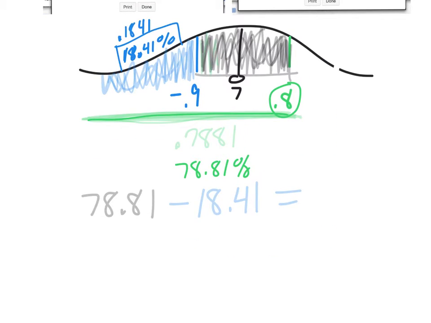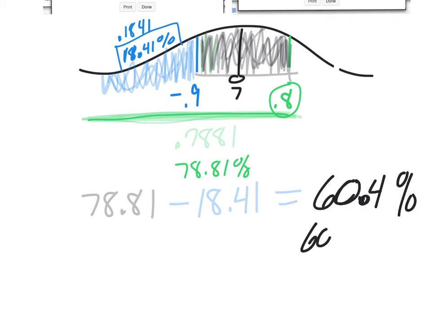So subtracting that gives us 60.4. So that means that 60.4% of the callers that were on hold fell in between those two time periods. Now, sometimes some people will keep that 0 there on the end, say 60.40%. It really means the same thing. I like to make it as short and sweet as possible, so 60.4 works for me.